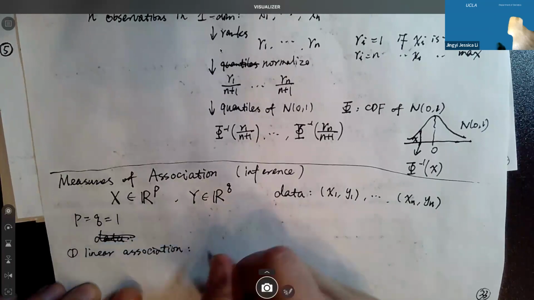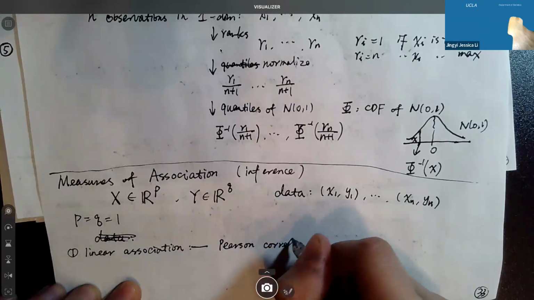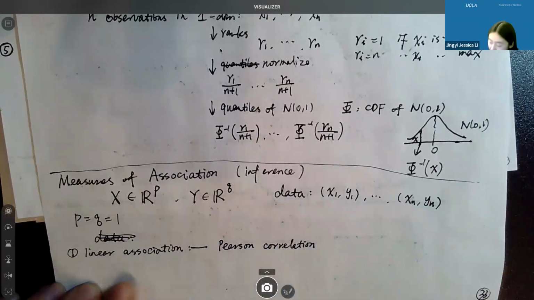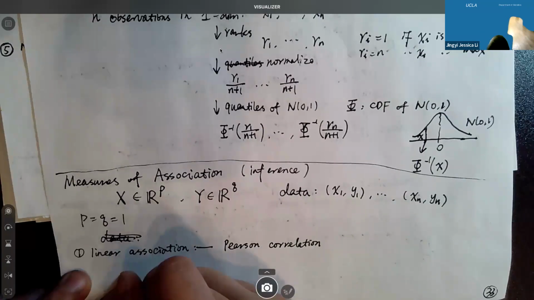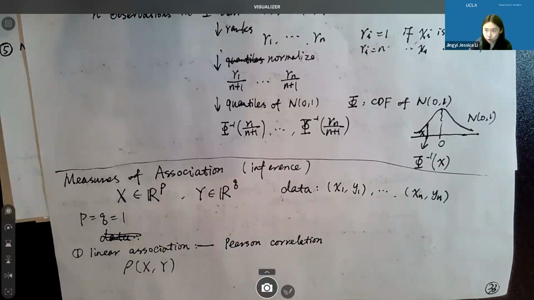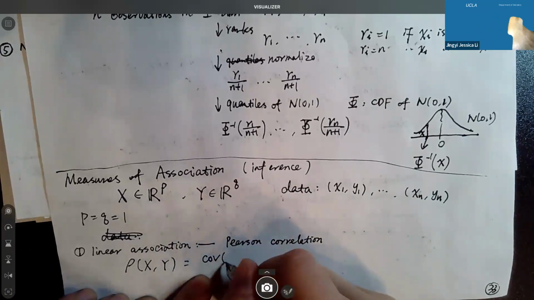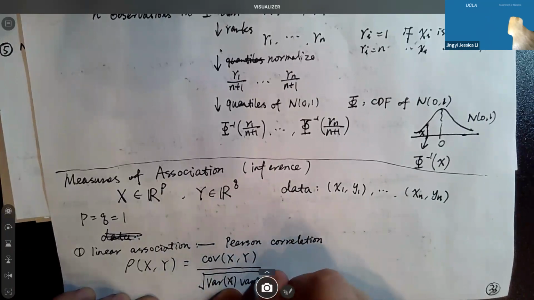The Pearson correlation is the most commonly used measure for two variables. On the population level, let me give this notation between two variables x and y. It's defined based on the joint distribution of those two variables. Both are one-dimensional, and it's defined as the covariance of x and y divided by the square root of the product of the variance of x times the variance of y.